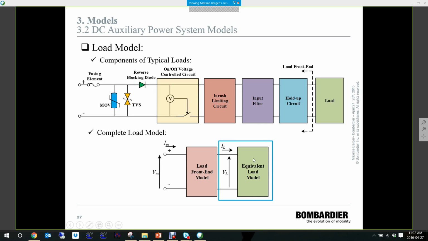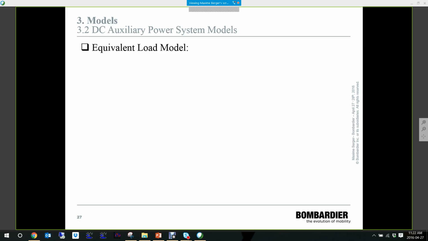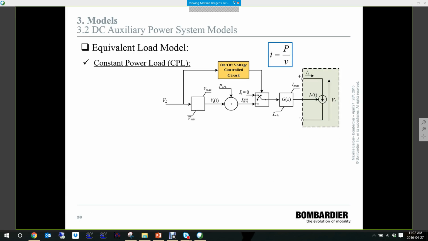And here, the equivalent load model is there to model the behavior of the load, for example, constant power load and constant current load. For a constant power load, what we see here is that as the voltage decreases, the current will increase. It is modeled using a current source that is controlled to replicate this equation here.